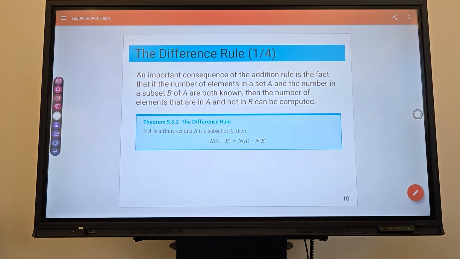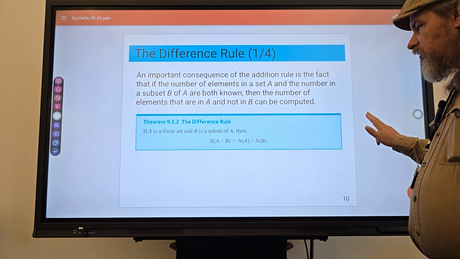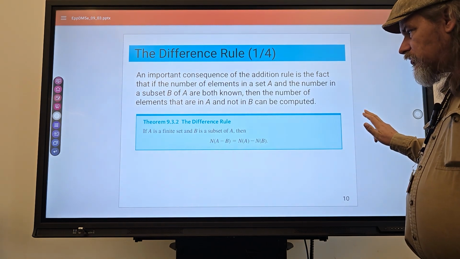If A is a finite set and B is a subset of A, then the number of elements in A that are not in B is equal to the number of elements in A minus the number of elements in B. Again, pretty much common sense, but it needs to be said for thoroughness.